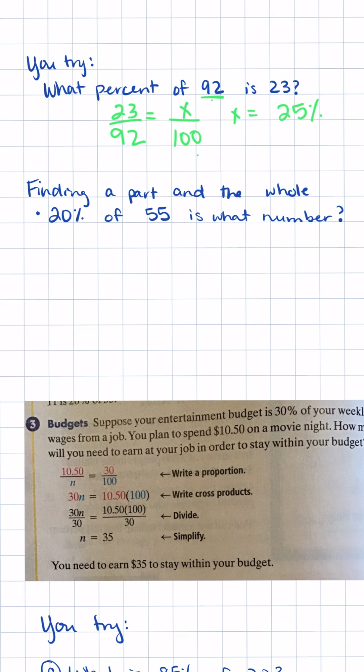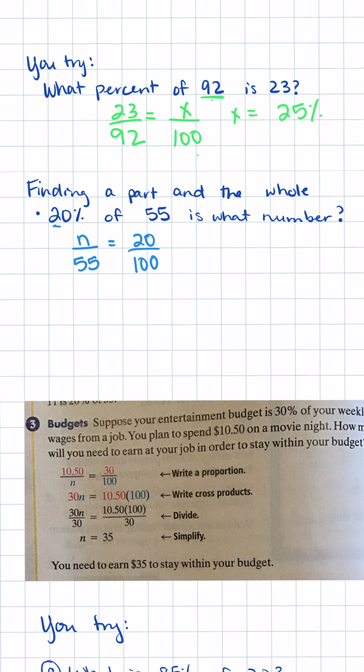So finding a part and the whole. Looking at this, we have 20% of 55 is what number? Let's put it into a proportion, n over 55. Some number out of 55 equals 20 over 100.